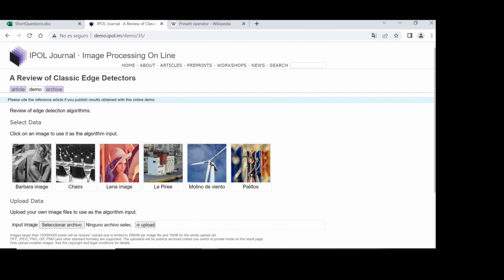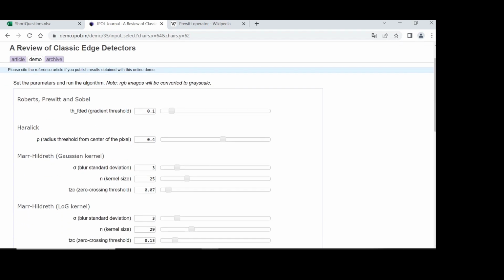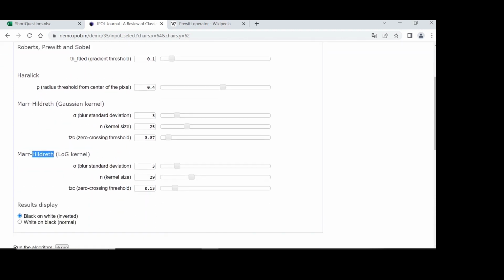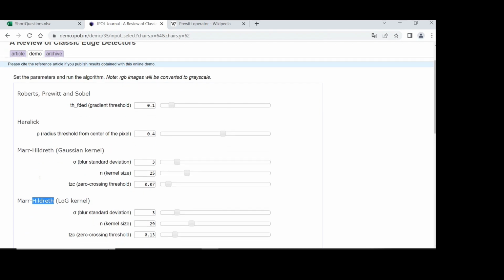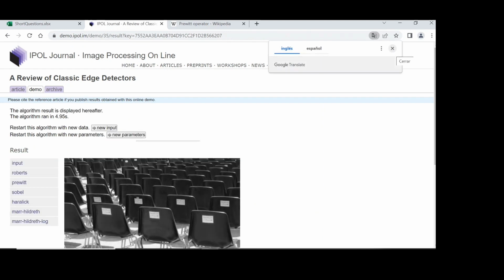We haven't seen all these names yet: Roberts, Prewitt, Sobel, Canny. These are different kinds of estimated derivatives or estimated edges. Let's run it, see the result, and then we will see the reasoning behind all this. So this is the input.